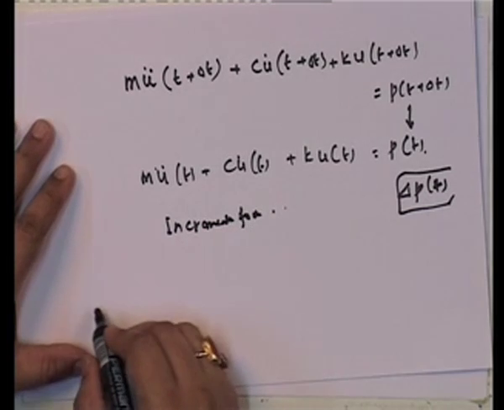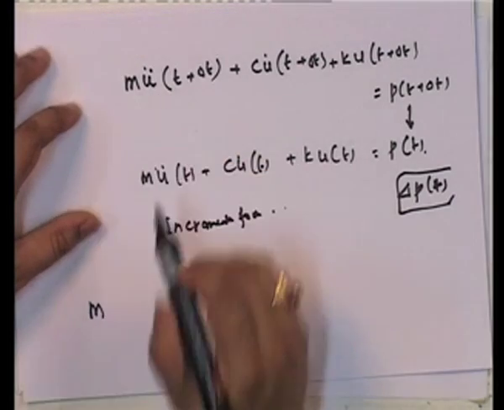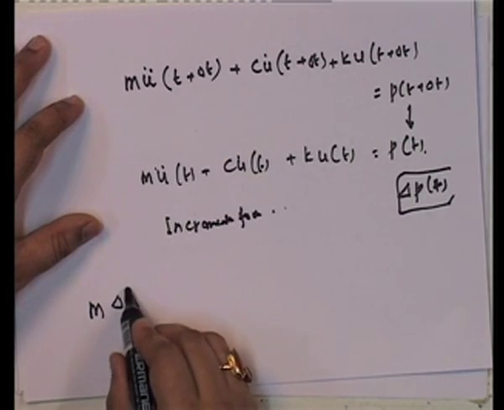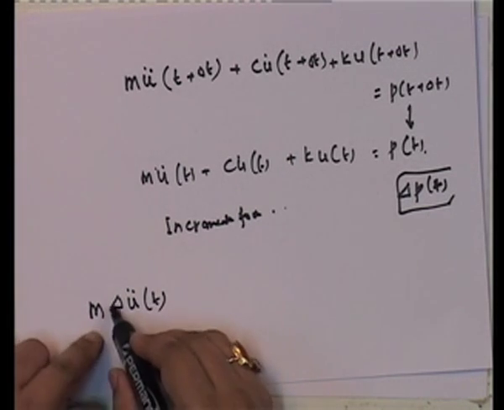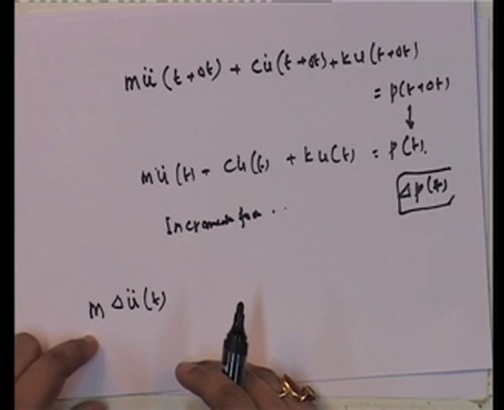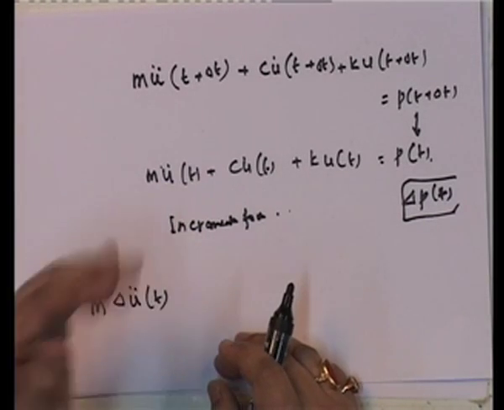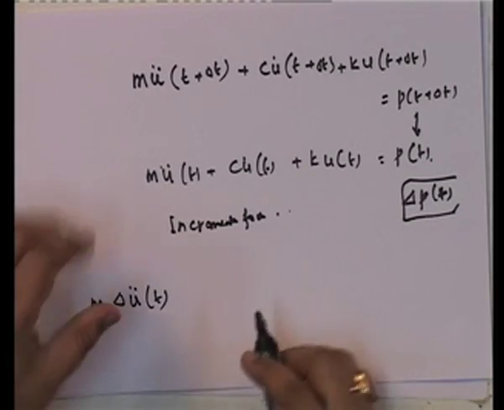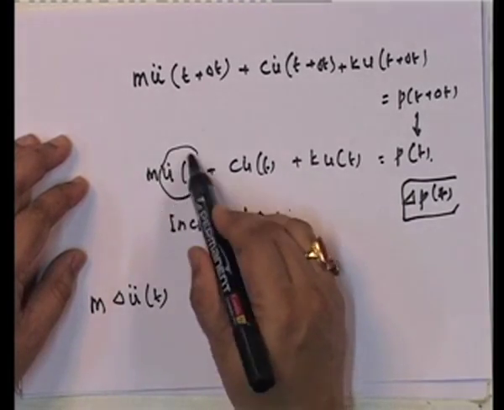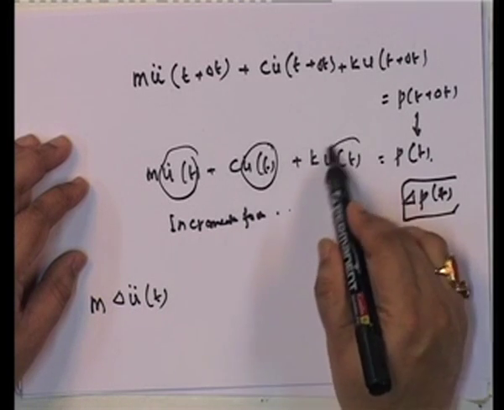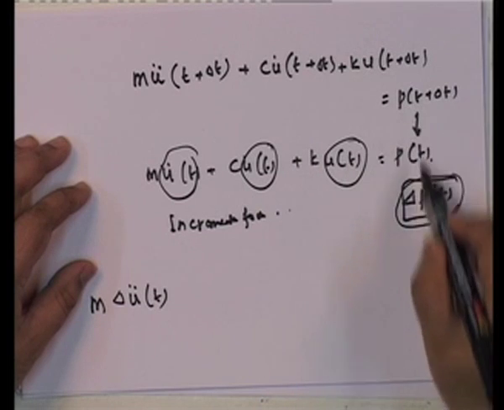I get it as m. Now, u, I am going to put that as delta u at t, because this delta u, understand that I know these, these are known, these are known, and I also know this, because this is something that is given.